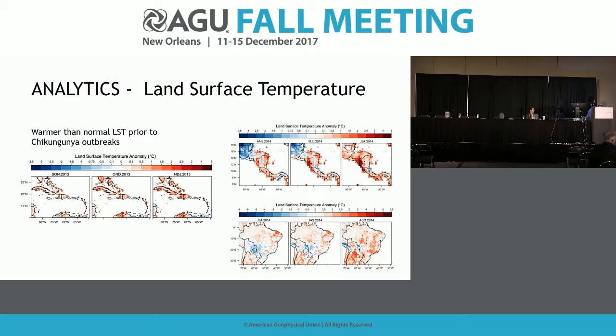So this is September, October, November, and you see in here where chikungunya first occurred, higher than normal LST, and then also October, November, December, January. Same with Central America, it started in July, so during April, May, and June, most of the areas have higher than normal LST in this region, and also during the outbreak.